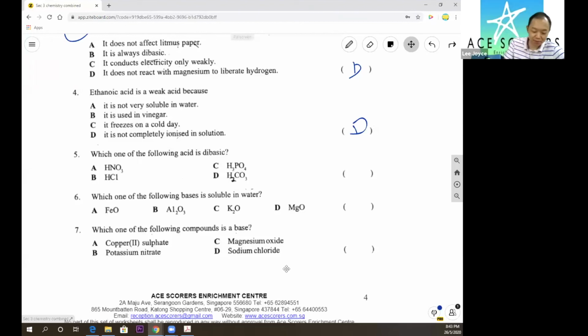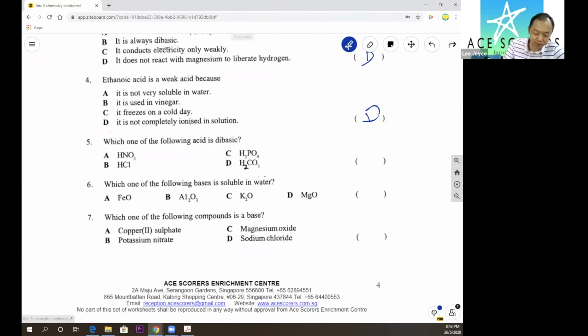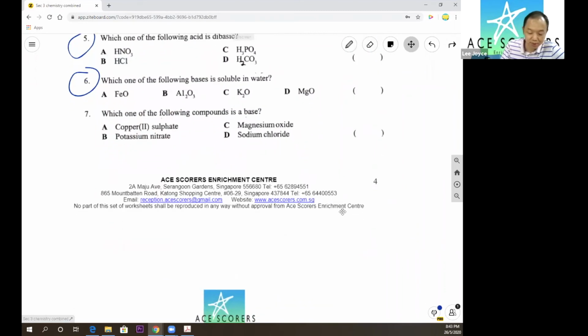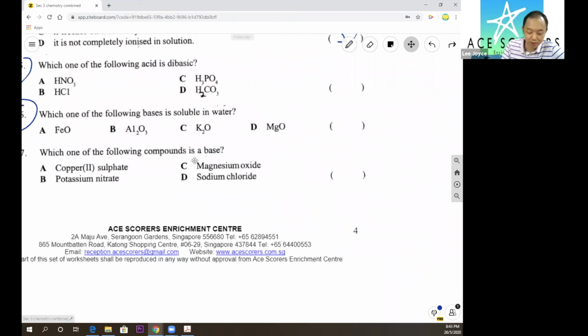Okay, I don't know what's dibasic, alright? So skip all the dibasic stuff. Which one is soluble in water? Which one of the following bases is soluble in water? Skip. Because it's not under the solubility table. Which one is a base? This one you all know. Which one is a base?